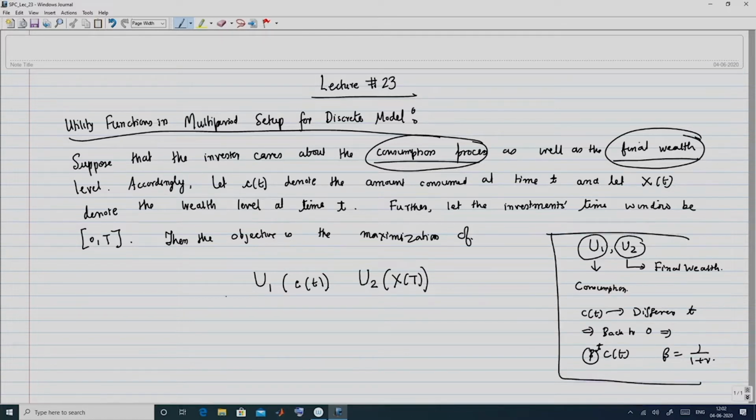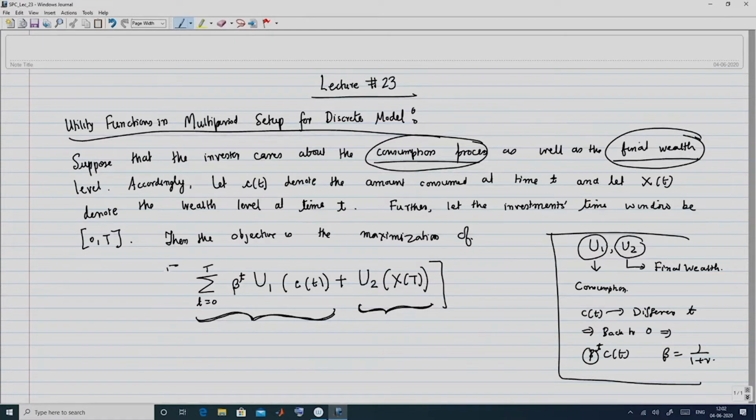So, accordingly, when we consider u1 of c t, then we have to discount it back to the initial time, and this is from t equal to 0 to capital T. All right. So, this is the sum of all the discounted utility of consumption, and this is the utility of the final wealth. There are other ways of course, of expressing this mathematically. So, the objective is the maximization of this term as well as maximization of this term.